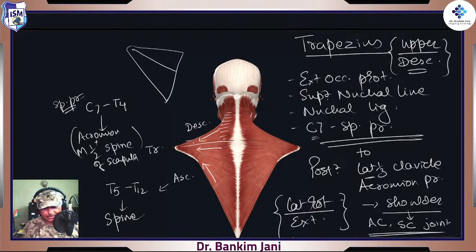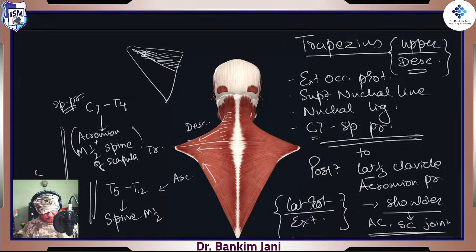This is the spine, and that's the area which is covered by the trapezius. So in this case that was the medial half, and here also it would be covering those fibers, and that's how they work.